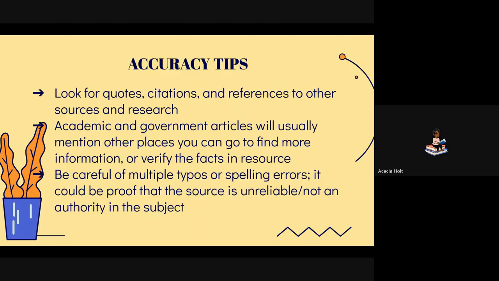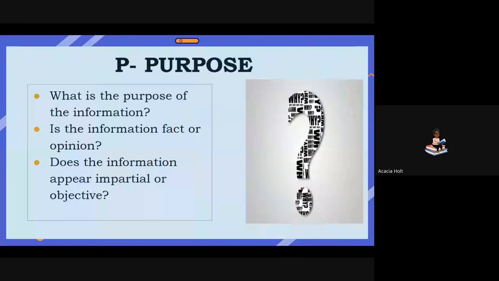So our databases articles often will give you the information, but then they'll tell you where they got that information from so that you can go and find other sources to support these facts. That's a good resource. Be careful, again, as I said, of typos. It could be proof that it's not reliable, or the person is not an authority in the subject. It could be just someone with a strong opinion that wrote an article.